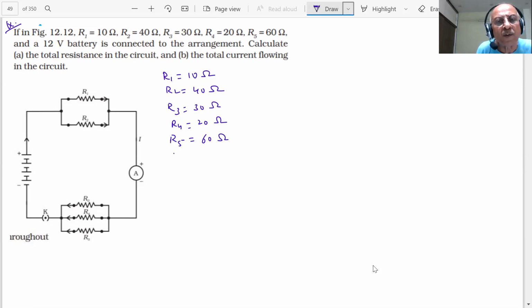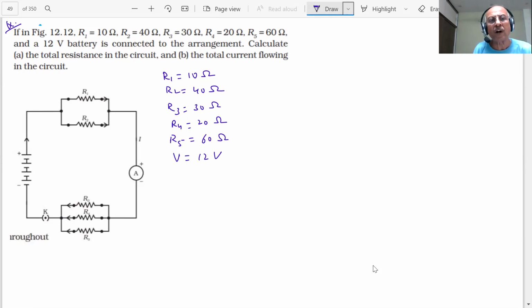Total potential difference is 12 volt. Calculate the total resistance in the circuit. How will you calculate the total resistance in the circuit, students?